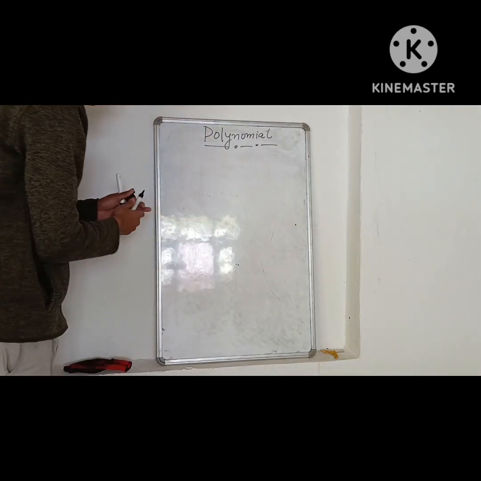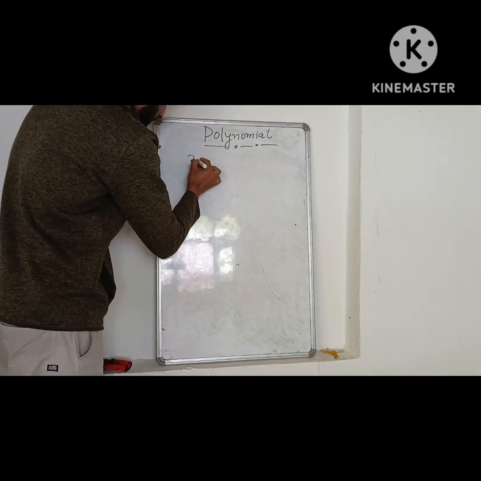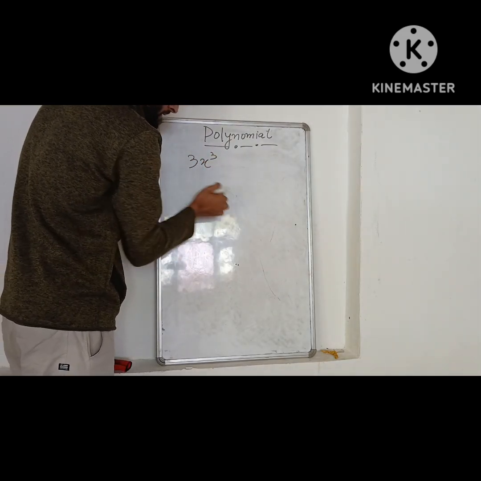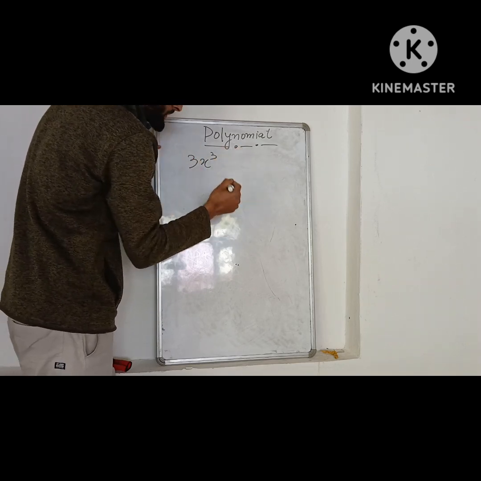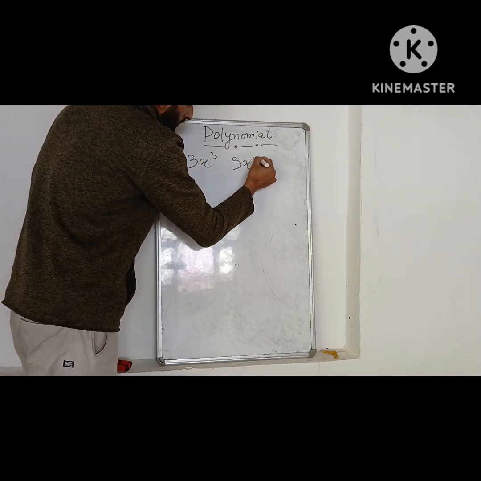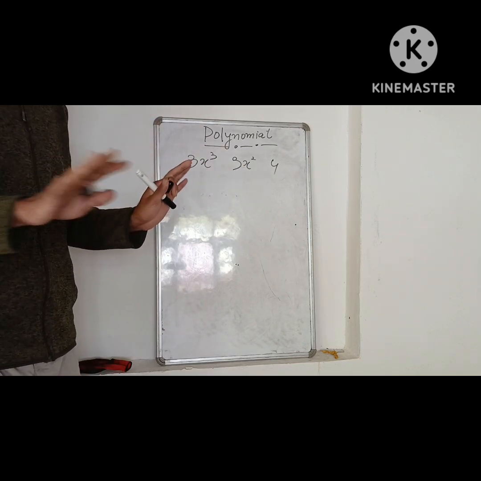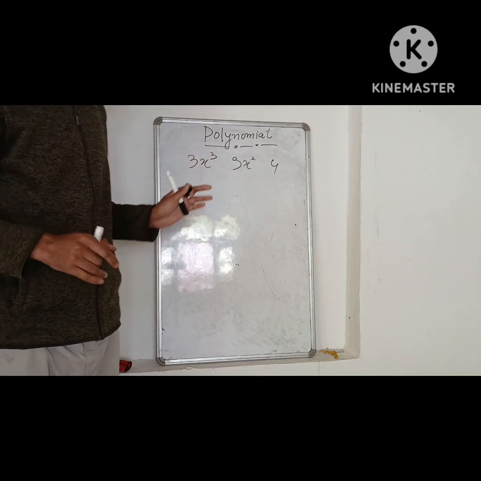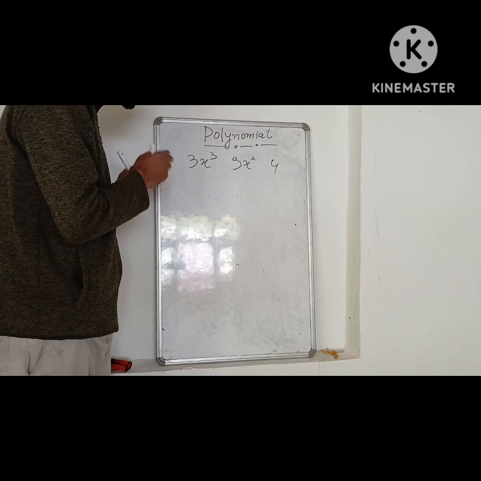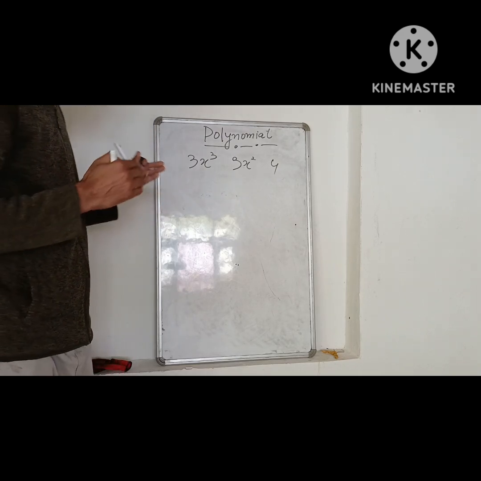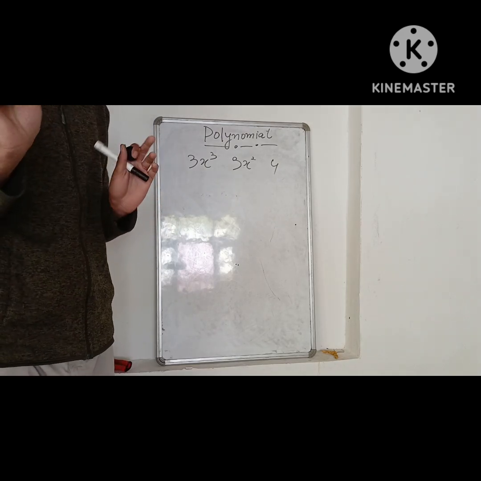Listen. I will take another example like 3x cube. I will take the first terms: 3x cube is a term, 3x square is also a term, and 4 is a term. Individually, these things are terms. But in an algebraic expression, we combine them with some operation like addition and subtraction.